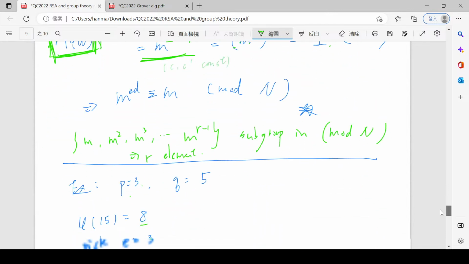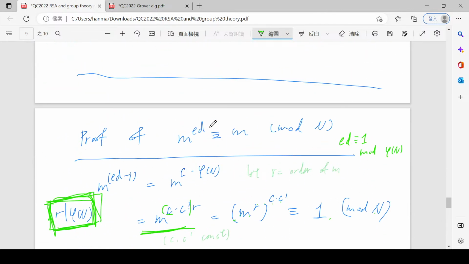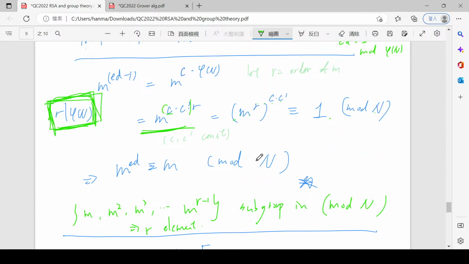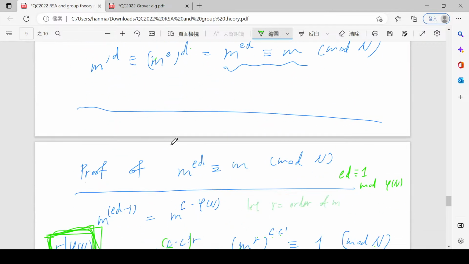So when we think about this multiplication group G sub n, we find that if we consider the subgroup generated by your RSA message m, that is m squared and cubed all the way to m to the n minus 1, then this is a subgroup in the G sub n group, and so the number of things in this subgroup, which is obviously R, should divide the order of the group, which is psi of n. This is one of the crucial steps to prove that your RSA decoding actually works.